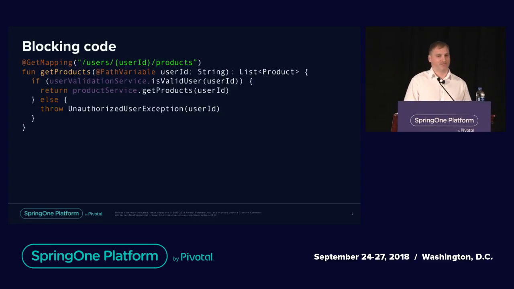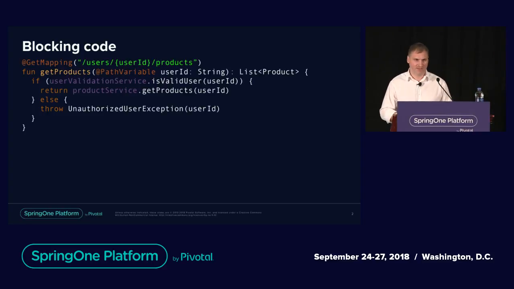But there is one problem with this kind of code, or essentially these kinds of applications. Let's imagine that the isValid user or the getProducts functions go over a network to fetch some data. For example, the isValid user accesses some external service, a REST endpoint.